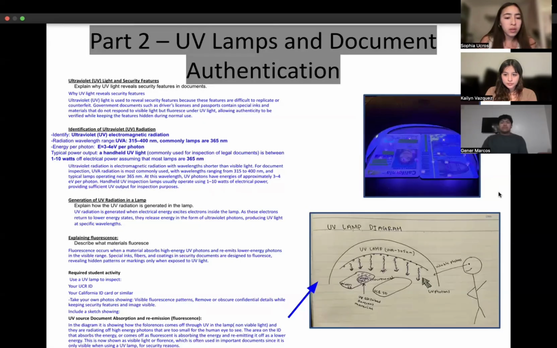The diagram shows how the lamp radiates high energy photons in non-visible light that the human eye cannot see. The area of the ID absorbs that energy and re-emits it at a lower energy. This is now shown as visible light or fluorescence, which is used in important documents since it is only visible when using a UV lamp, for security reasons.